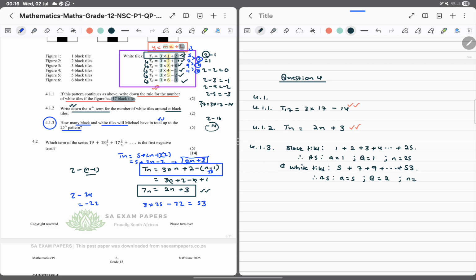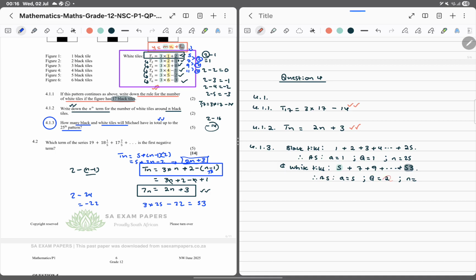And the number of terms here is going to be, using the rule that I once showed you guys, the last term minus the first term, and if the common difference is positive, we're going to add it. So it's the last term minus the first term plus the common difference. So this is 53 minus 5.